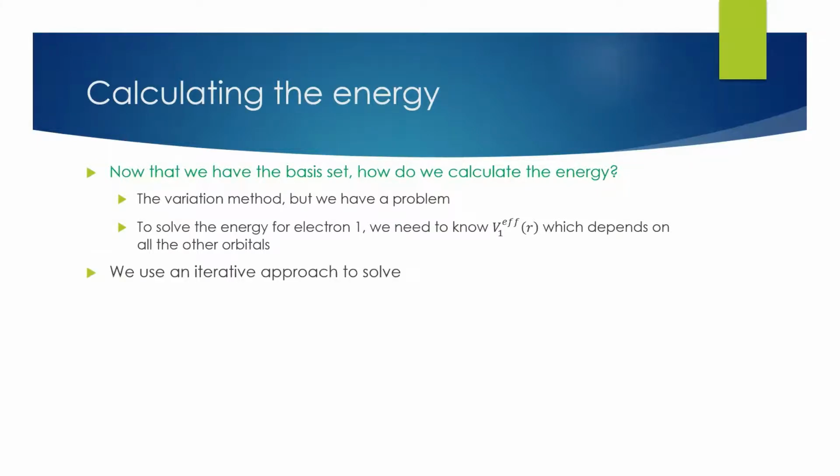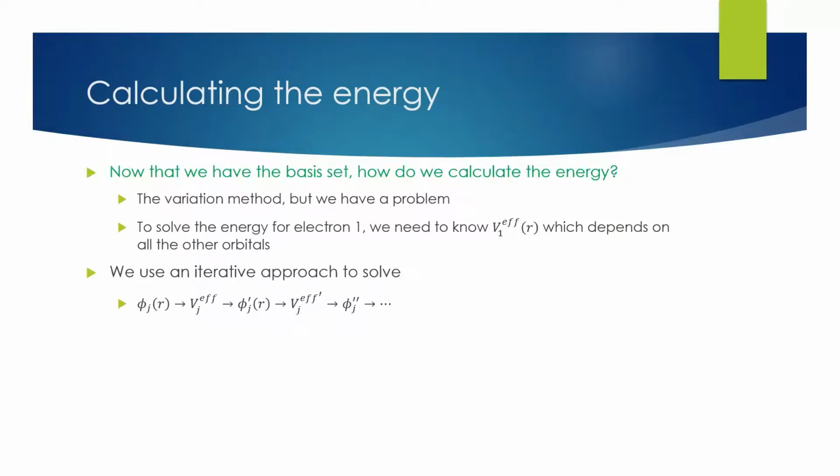The computer will use an iterative approach to solve for the wave functions. What the computer does is it guesses a trial wave function, this phi j here, and it uses that trial wave function to calculate an electron density and predict a V effective. It uses that V effective then to modify the trial wave function, because now we have the effective potential from all the other orbitals.